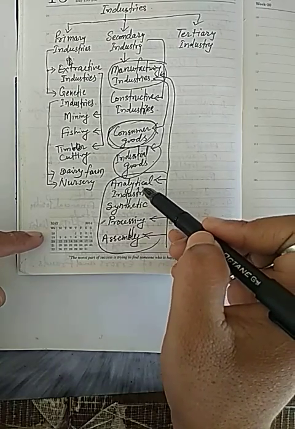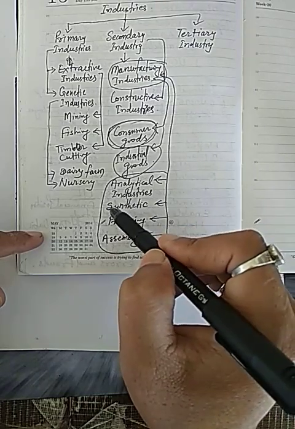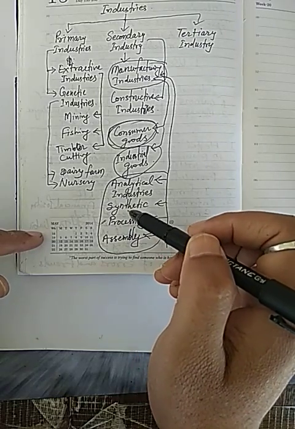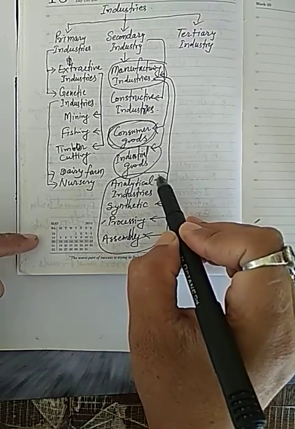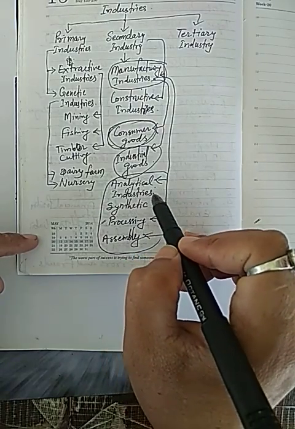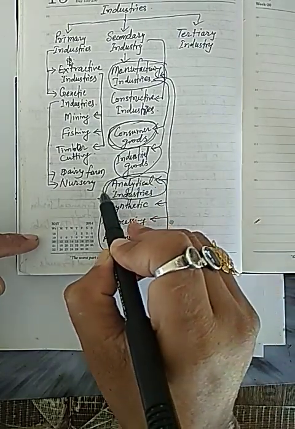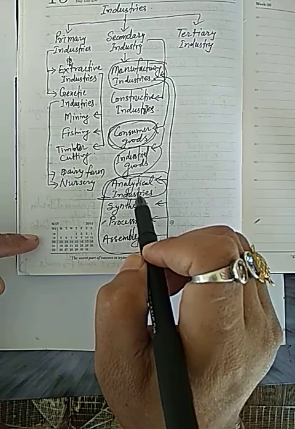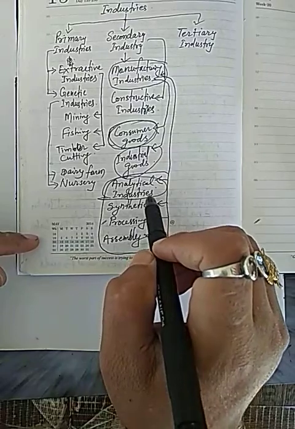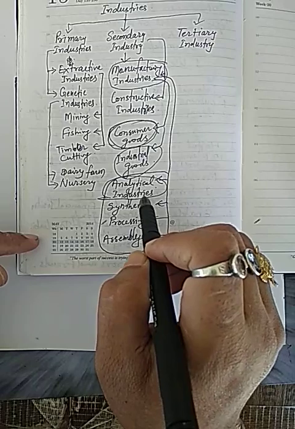Manufacturing industries means manufacturing something. In analytical industries, the basic raw material is broken into different parts to produce finished products.